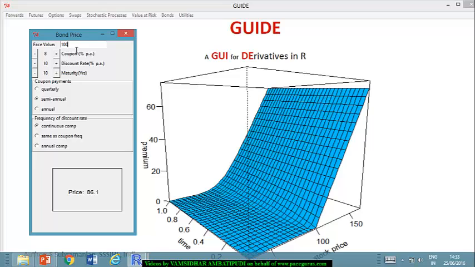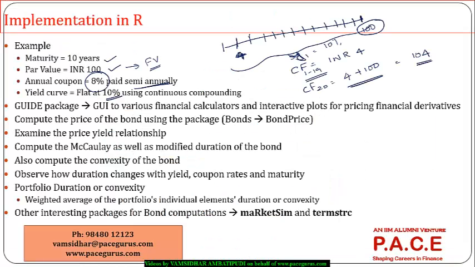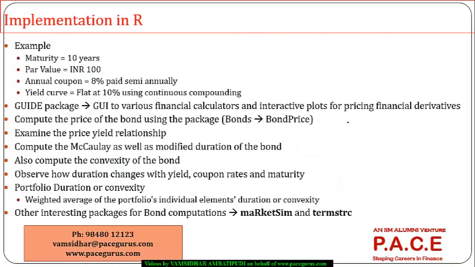So the face value is 100, coupon is 8% per annum, discount rate is 10%, maturity is 10 years, semi-annual and continuous. I get the price as 86.1. So at this moment, this particular bond is having a price of 86.1.